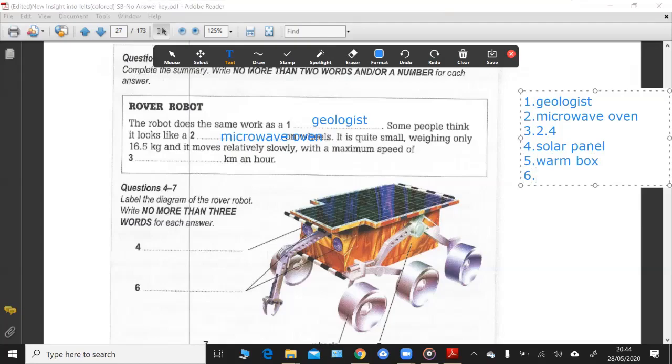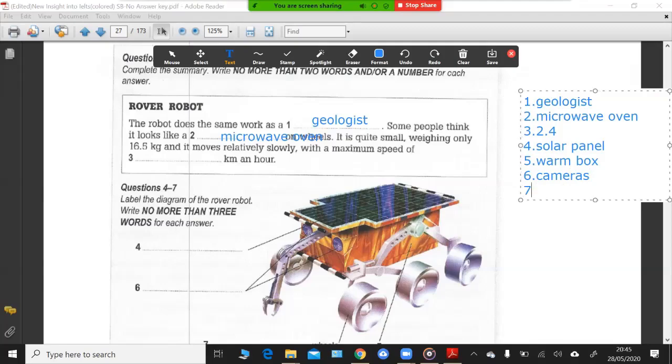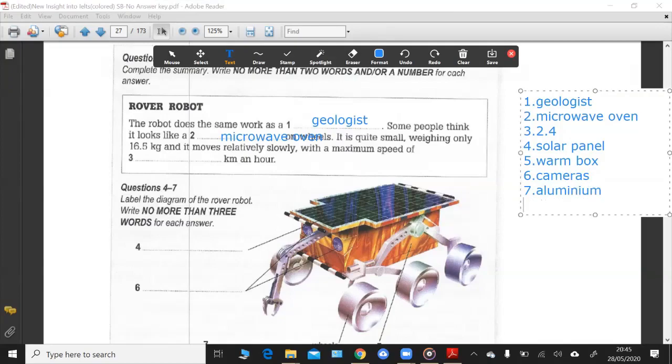Cameras. Yes. Okay. And number 7. Aluminium wheels. Aluminium. Yes. Check your spellings, please. And number 8.